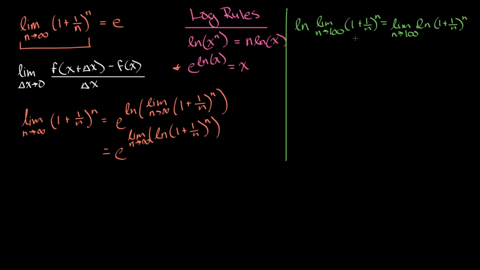Now if we evaluate both sides, we can see that this is the case. We have 1 plus 1 over 100 to the 100th power, and we are taking the natural log of that. And on the right-hand side, we just write the natural log of 1 plus 1 over 100 to the 100th power. And you can see both sides agree.